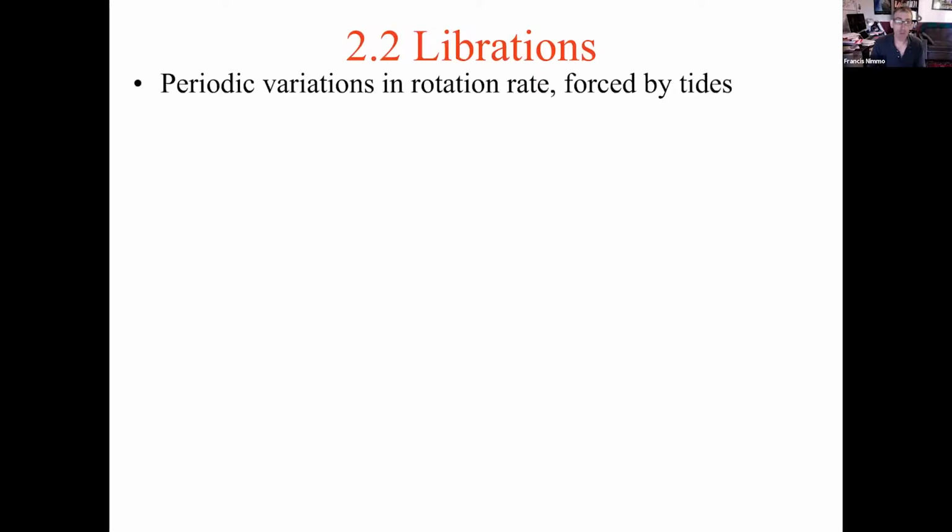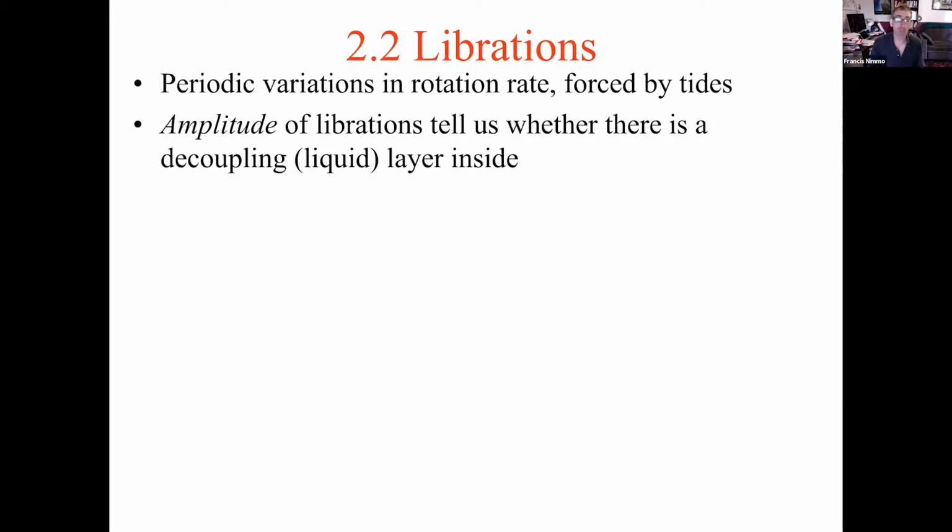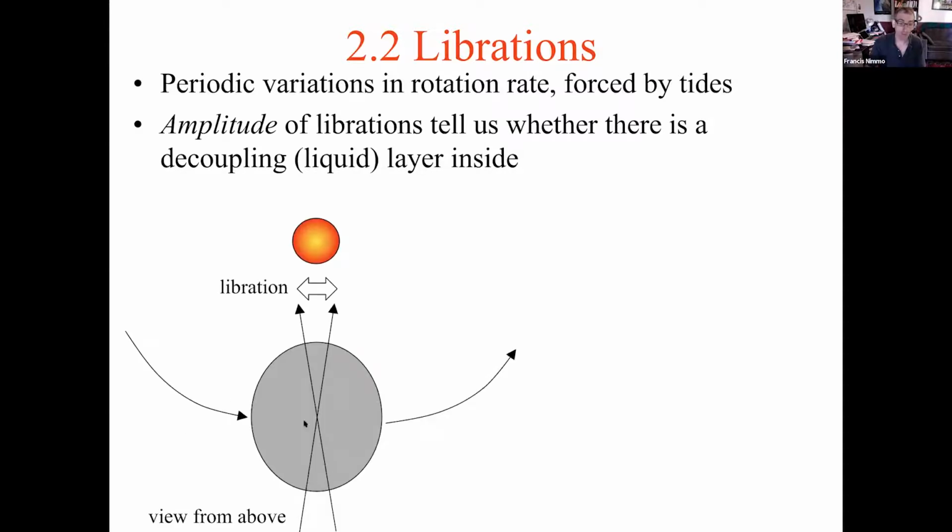So, like I just said, these librations, they're periodic variations in the rotation rate. And the key point is that the size of that variation, the amplitude of the libration, tells you whether or not there's an ocean underneath. If you have a solid object, then the libration amplitude typically is quite small.